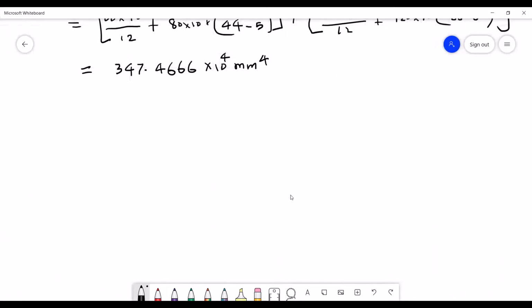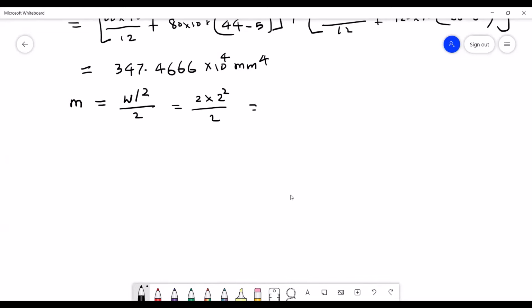Now what else do we have to find out? We have to find out the bending moment M. Here you should know this equation, W L square divided by 2, for a uniformly distributed load on a cantilever. Here W is 2, L is 2. So 2 into 2 raised to 2 divided by 2.